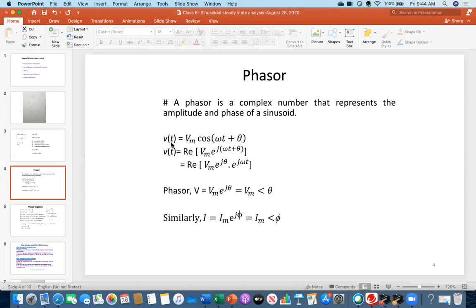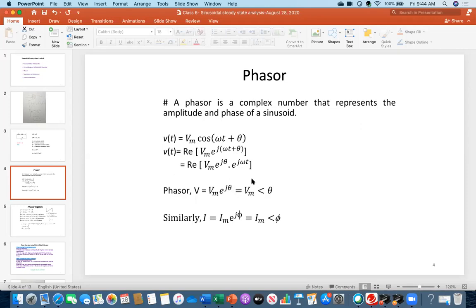Here it is a small v of t to indicate a time domain function. What I am doing here? Capital V equals Vm, this Vm is this Vm, and what I have written is e to the power j theta, and this theta is this theta, which equals Vm angle theta.